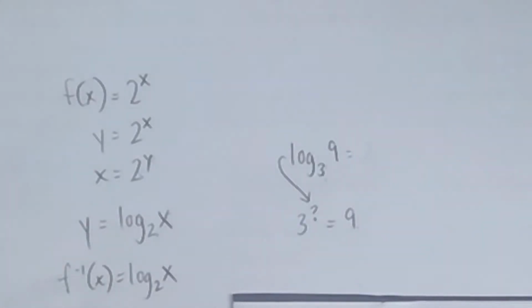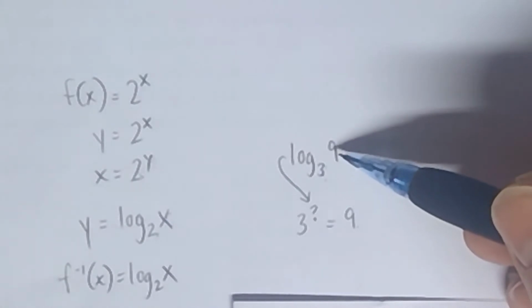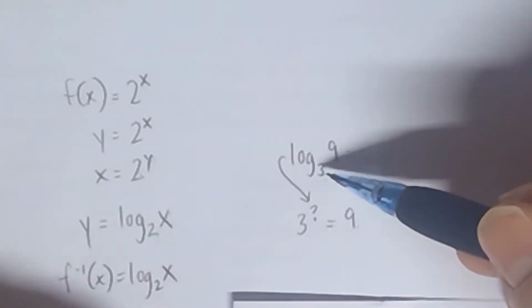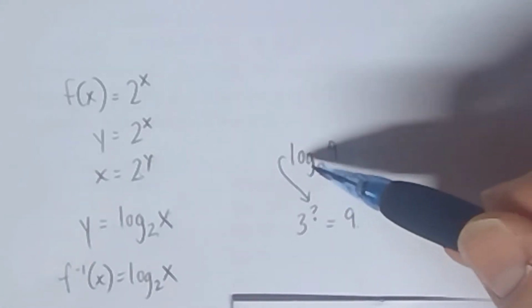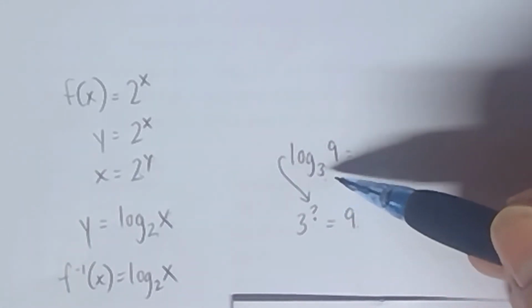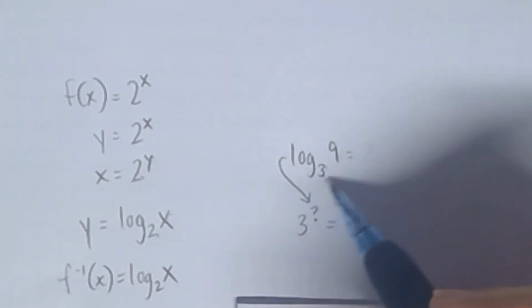So if the base is 3 and this product term, which is the answer that you get when you combine the base and the exponent together, is 9, then what they're asking here is what is the exponent? Here's the thing, you guys. A logarithm is an exponent.